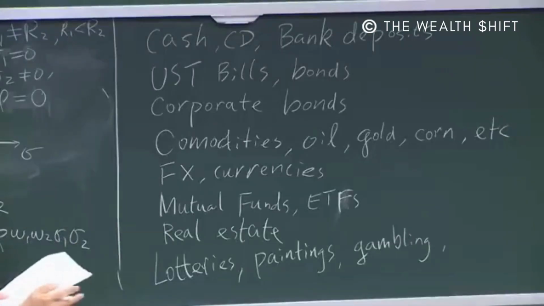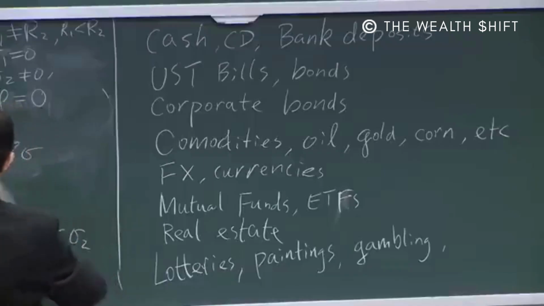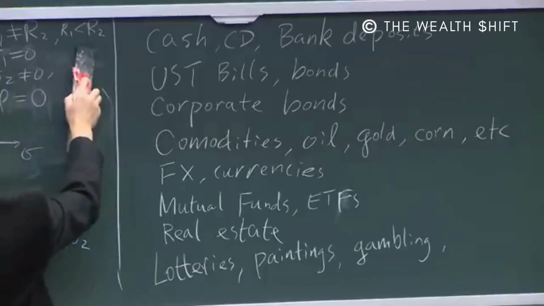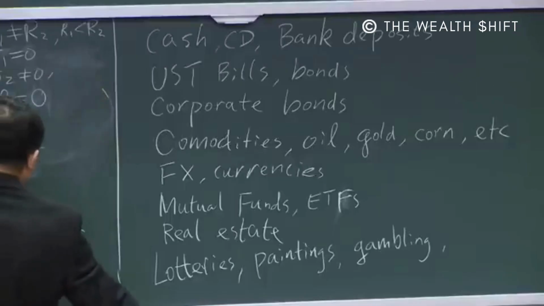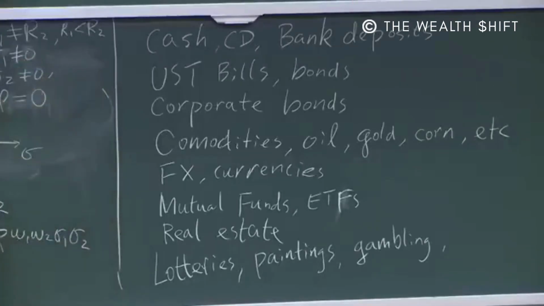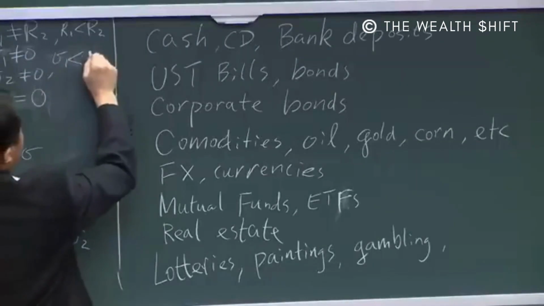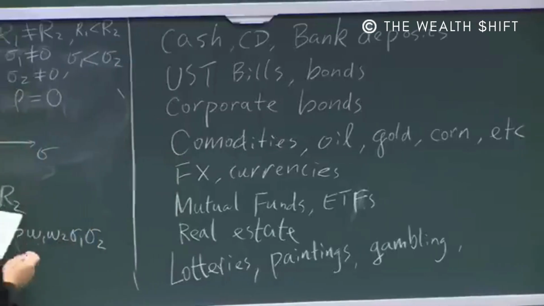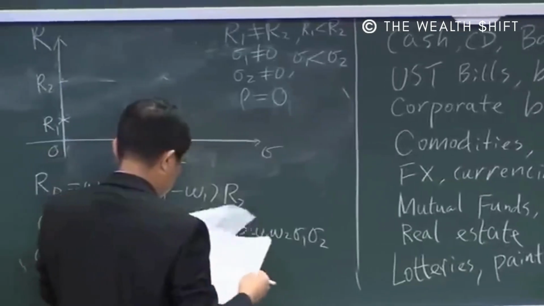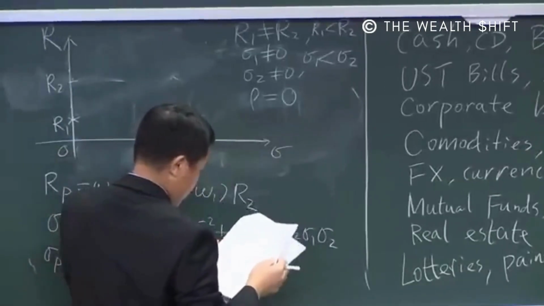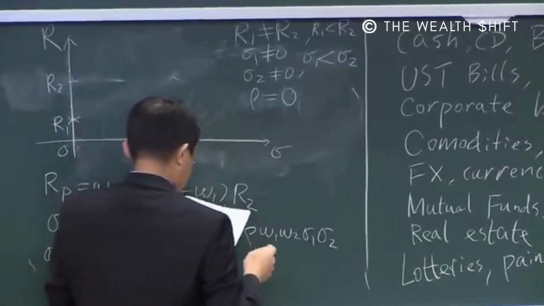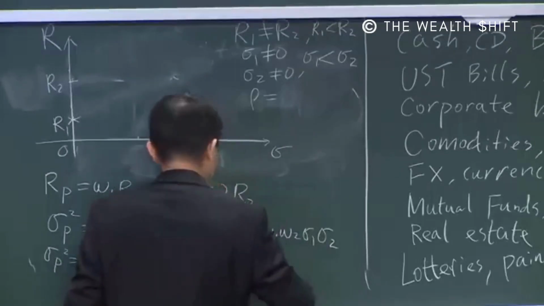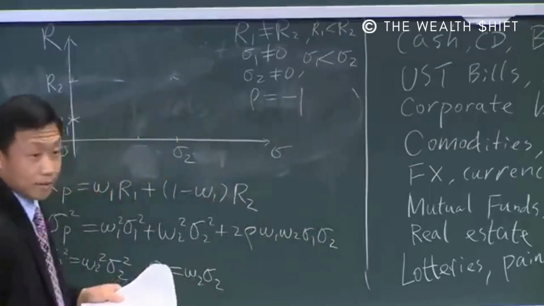So let's look at R1 less than R2, and volatilities are not 0. Also, sigma 1 is less than sigma 2, but it has a negative correlation of 1.